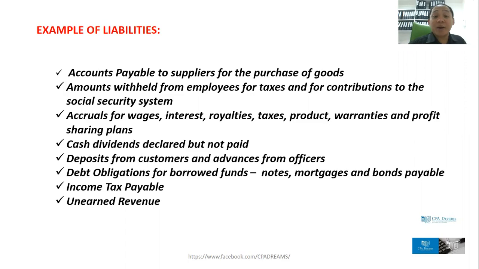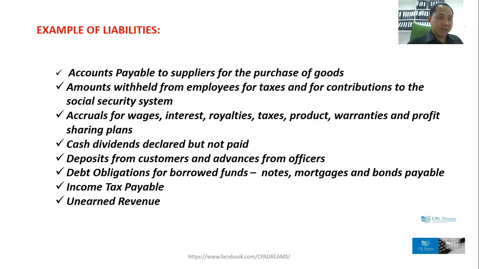And another is you have cash dividends declared but not paid. Okay, so this means the company declared dividends that need to be paid to its shareholders. Okay, meron declaration of dividends. Again, merong tanong last time, the obligation is to issue the entity's own shares. Is that a liability?